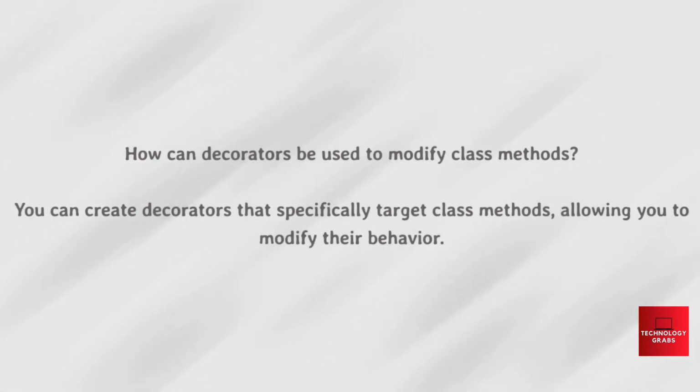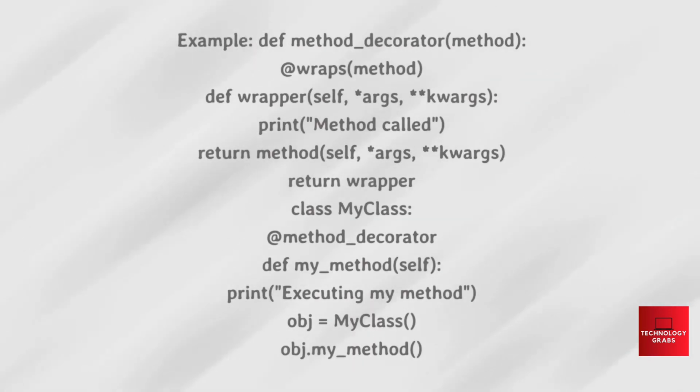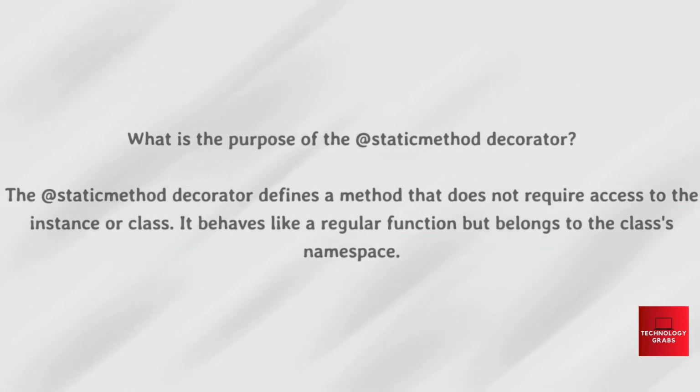How can decorators be used to modify class methods? You can create decorators that specifically target class methods, allowing you to modify their behavior. What is the purpose of the @staticmethod decorator?